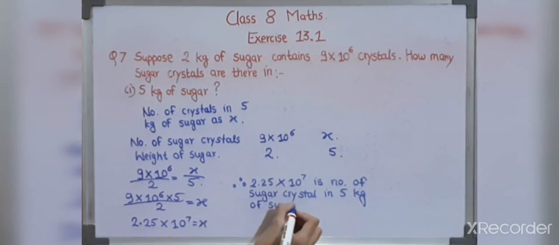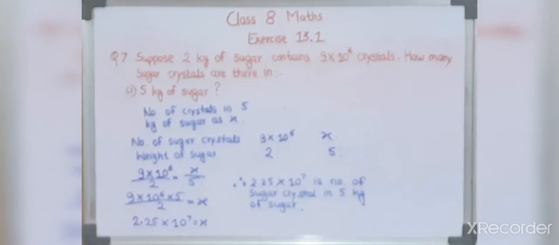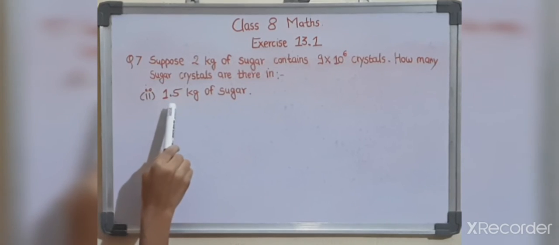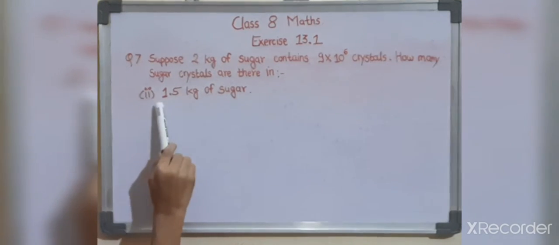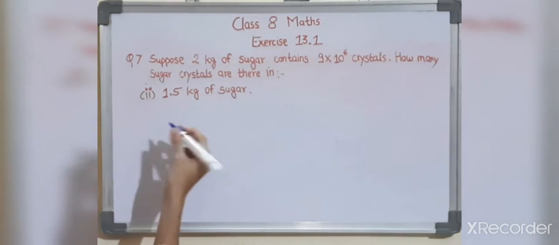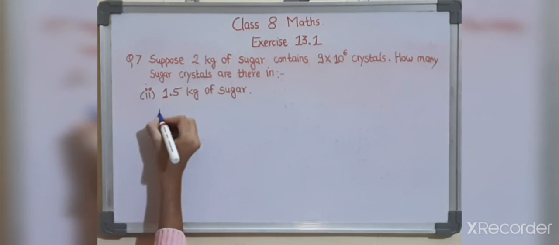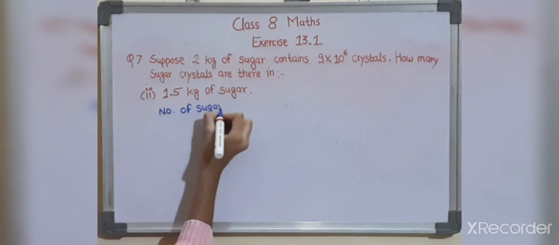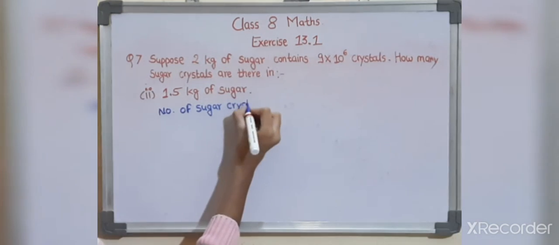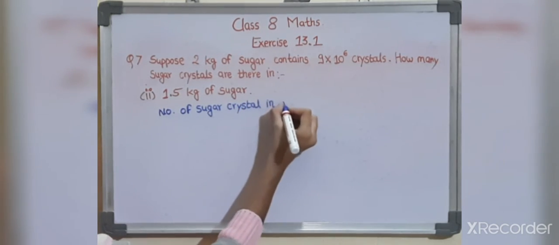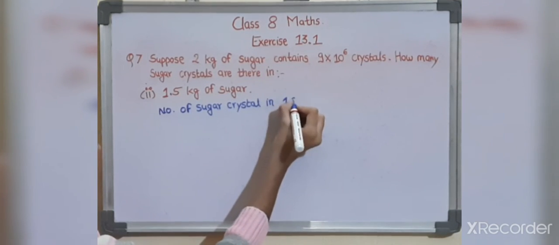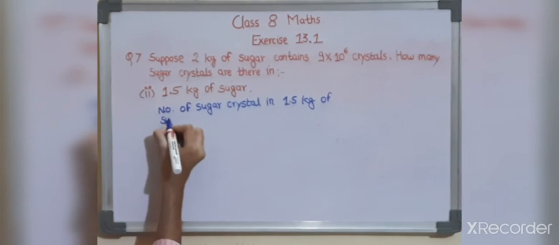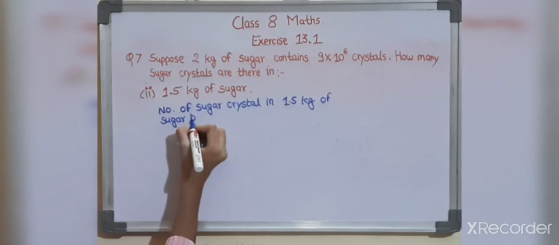Now let's go to the second bit of this question. In the second bit, it is asked to find out number of sugar crystals in 1.5 kg of sugar. So let number of sugar crystals in 1.5 kg of sugar be x.